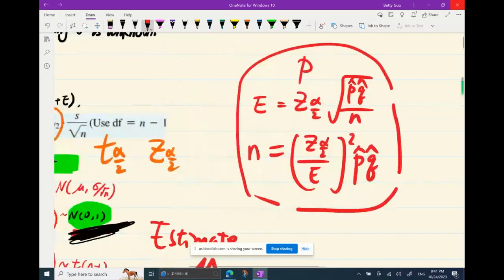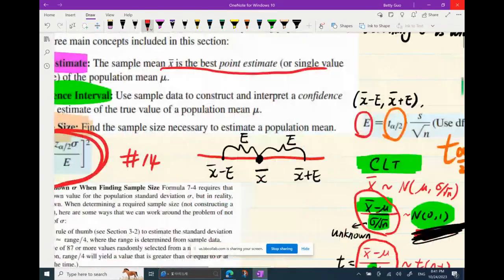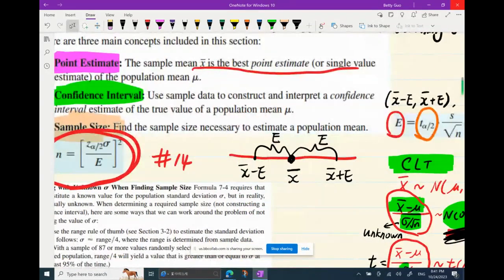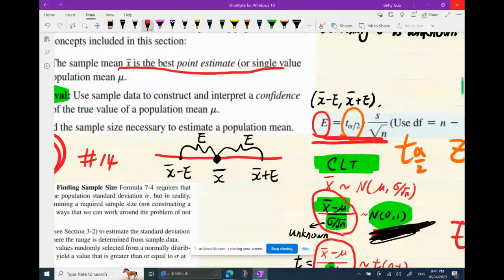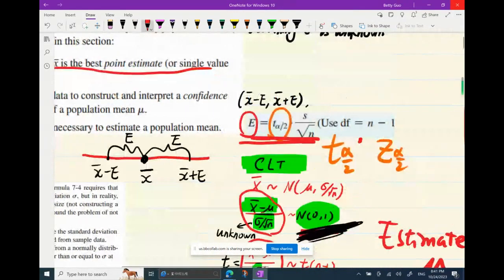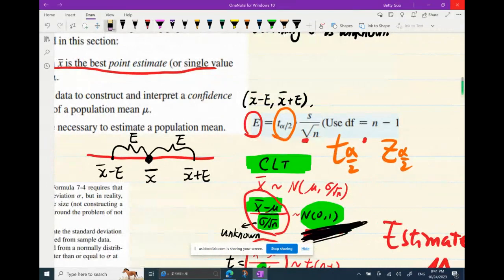But when we estimate a population mean, this is the formula for the margin of error. Why don't we solve this formula for n and use that formula to find the minimum sample size?